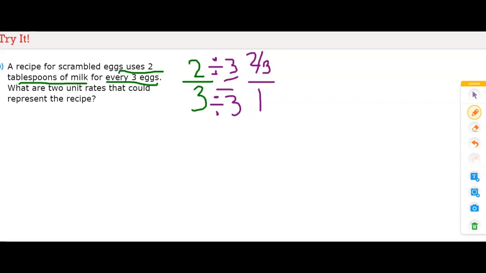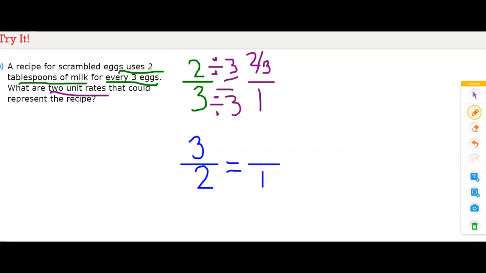Now it does tell us to show the 2 unit rates, so we're going to do the other way. So the other way is doing the 3 eggs to 2 tablespoons of milk. So now we're going to solve for the tablespoons of milk as 1.